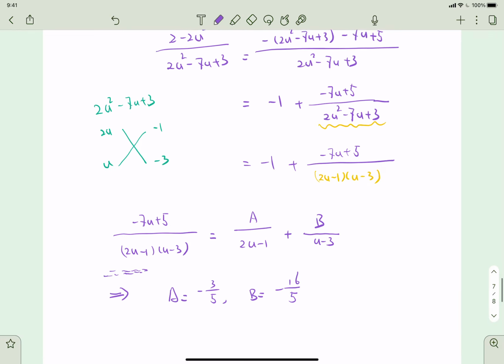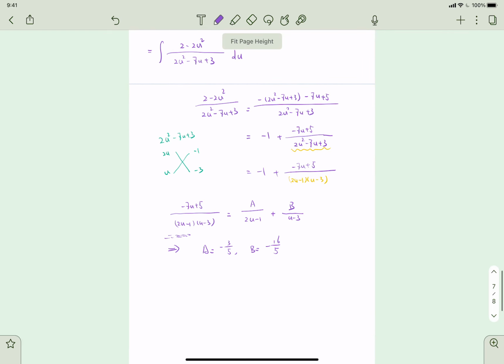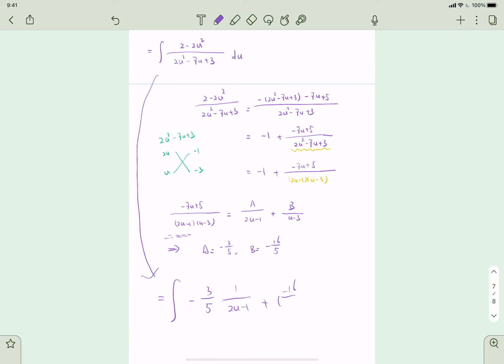After that, I am able to write the integral: negative 3 over 5 times 1 over 2u minus 1, plus negative 16 over 5 times 1 over u minus 3, du.